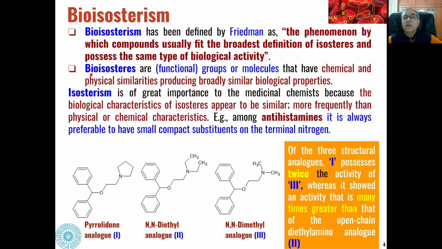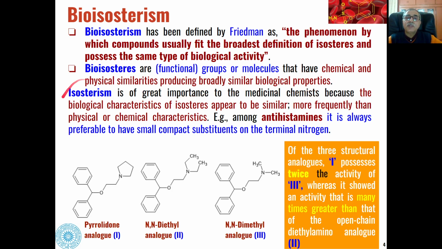And these isosteres or bioisosteres are functional groups or molecules that have chemical and physical similarities, producing broadly similar biological properties, which means that if medicinal compounds have similar chemical and physical properties, their biological properties will also be similar.